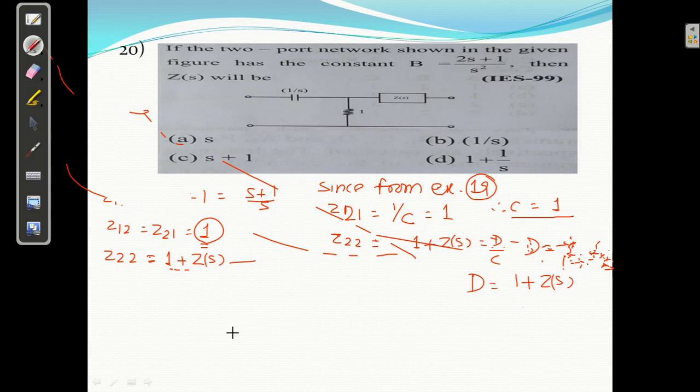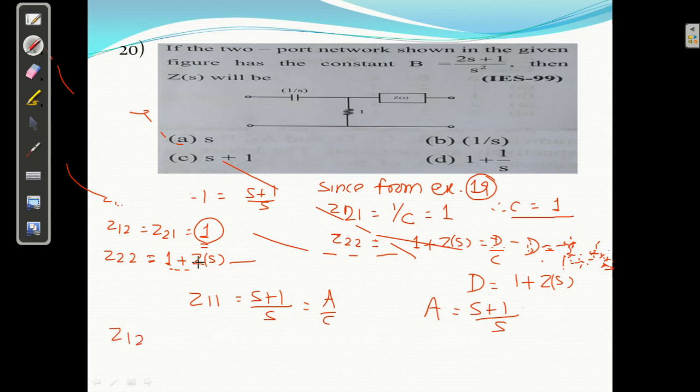Then Z11 is what? Z11 we got S plus 1 upon S, which equals A by C. So you will get A equal to, C is 1, so A equal to S plus 1 upon S you will get.